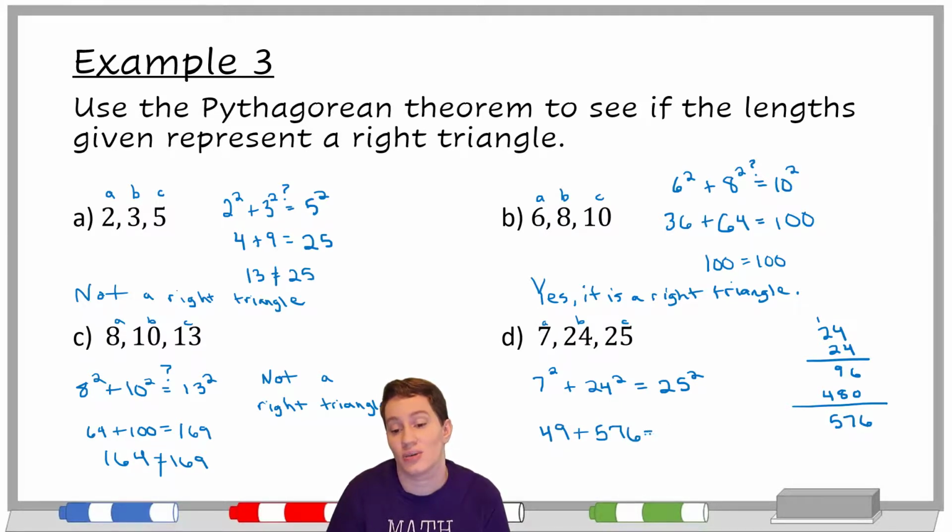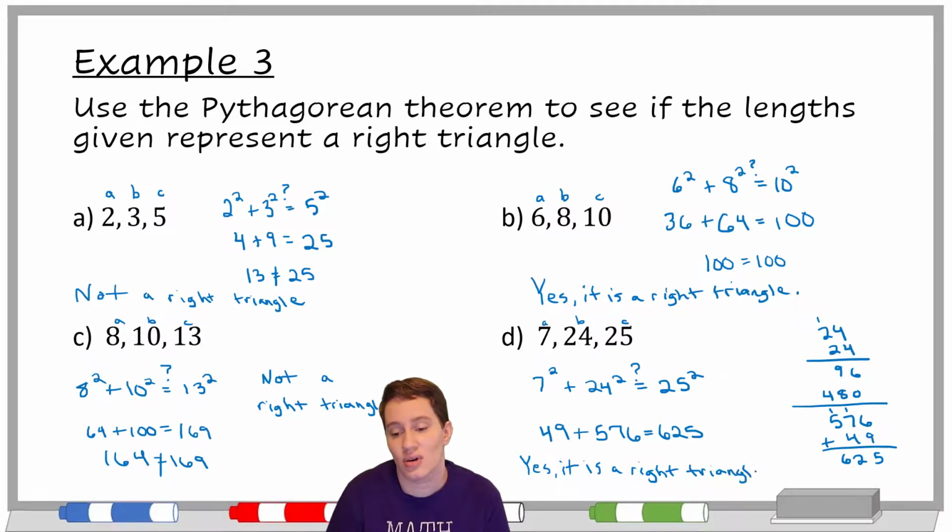And 25 squared, I do know, is 625. So is it true that 49 plus 576 equals 625? We might need to come over to the side to do that so that we can line up our place value and carry and all that. And you know what? It is 625. So this is yes. It is a right triangle.